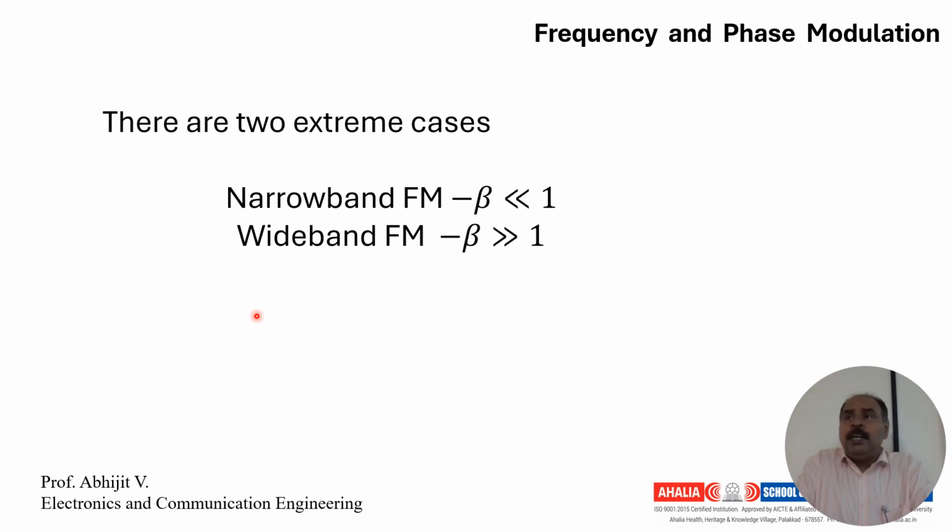We have two cases, narrow band FM and wide band FM. The name itself gives you a big hint. Narrowband means the modulation index and frequency deviation are much less than 1, while in wide band you have a large modulation index and the bandwidth is relatively higher.